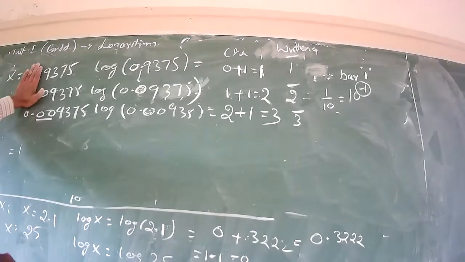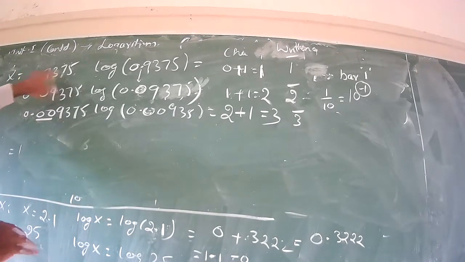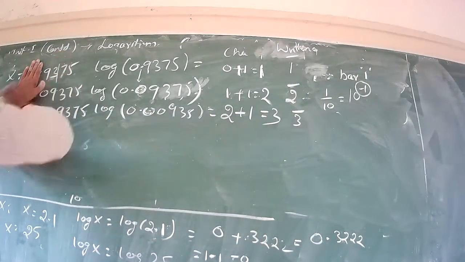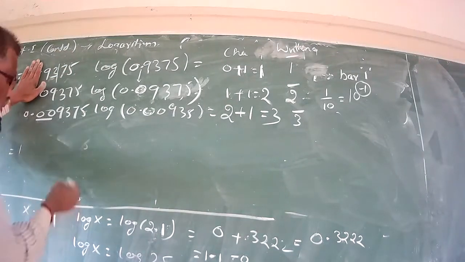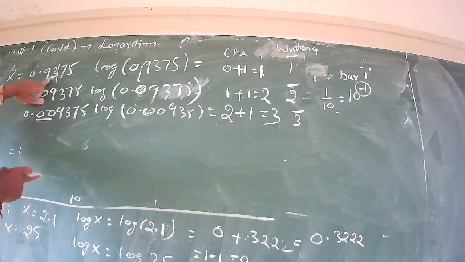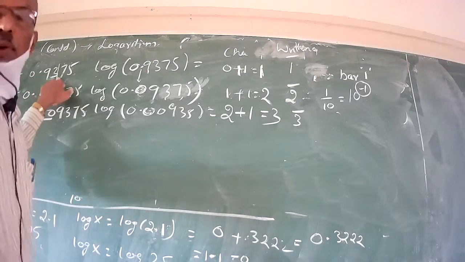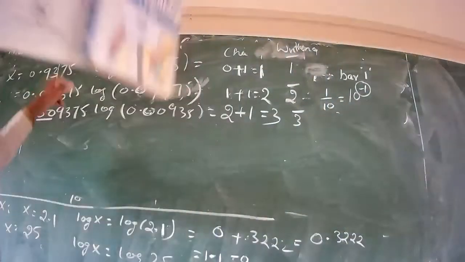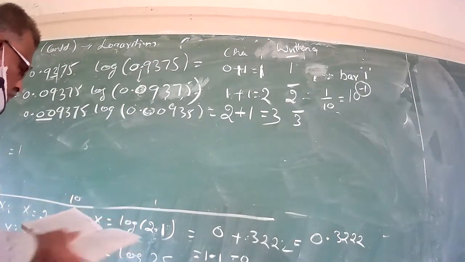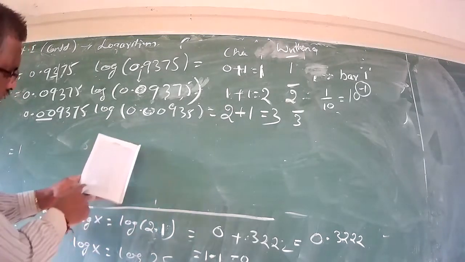Go first to row 93, because the numbers in the logarithm table are 10 to 99. Then, at the end of the book, you find the mean difference columns, where 99 is here.